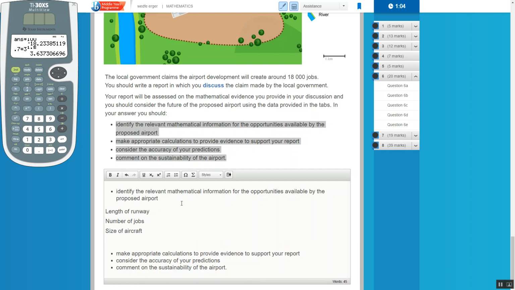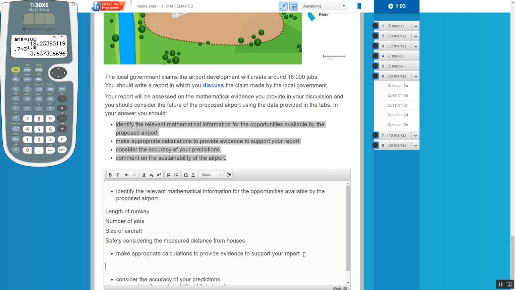You only need 2 things or more to get the 2 marks. Safety, considering the measured distance from places. Okay, 2 things for that.